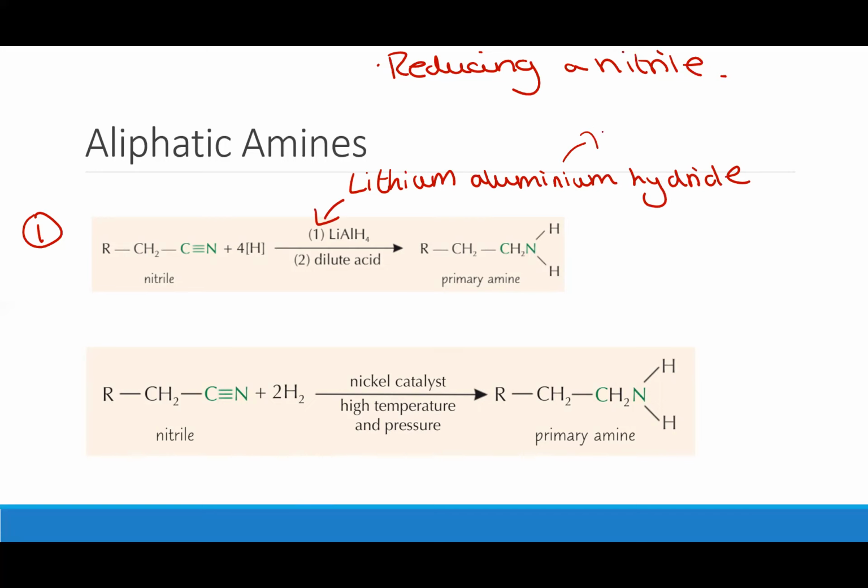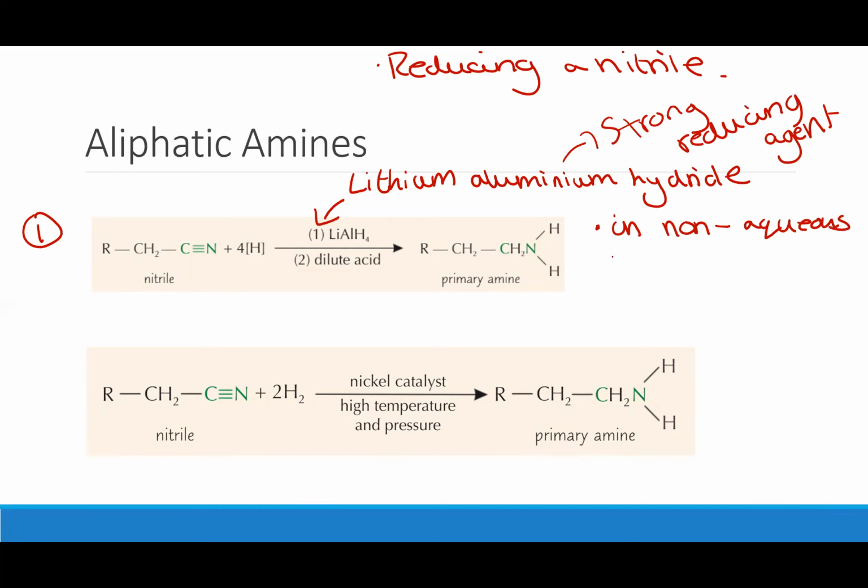And this is a strong reducing agent. So I'm just going to pop that on as well. So that's a strong reducing agent in a non-aqueous solution. And so that's important that we've got this in here. It's in a non-aqueous solution, so for example, like we said before, dry ether, followed by some dilute acid.